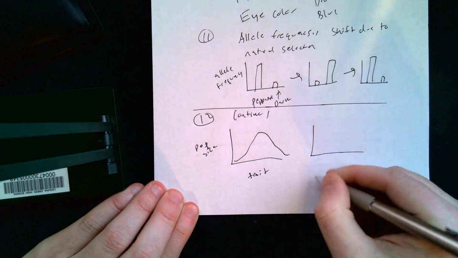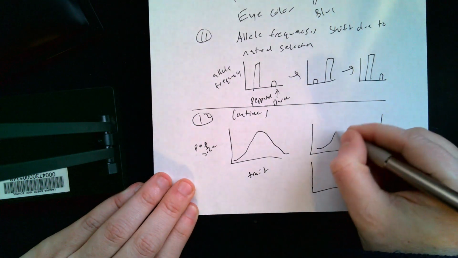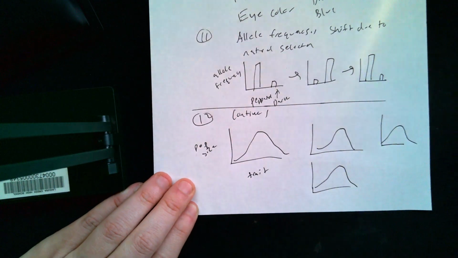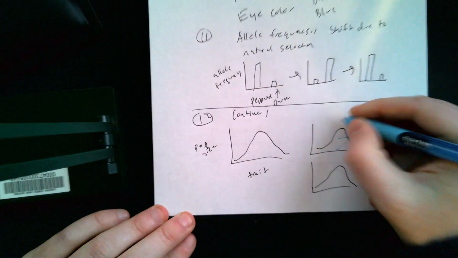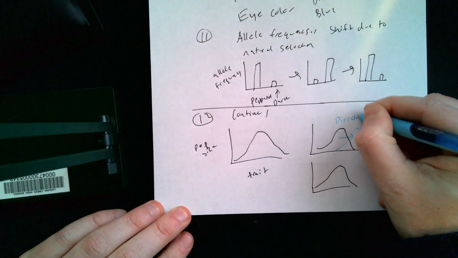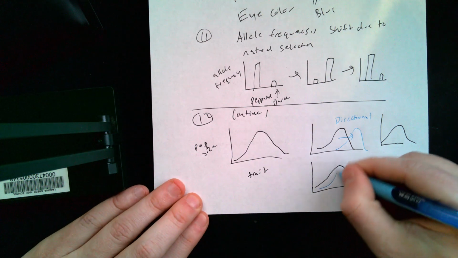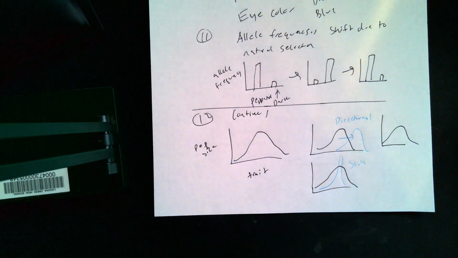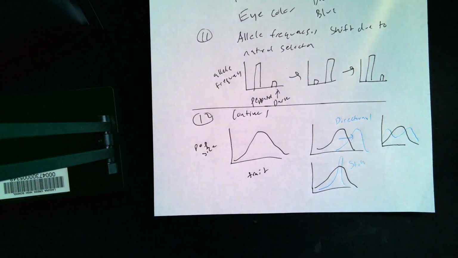Well, you can have 3 things happen. So here's our bell curve. The first one you can have happen is what's called directional selection. And in directional selection, it will move in one direction. The next one you can have happen is called stabilizing selection. And the last one is disruptive.